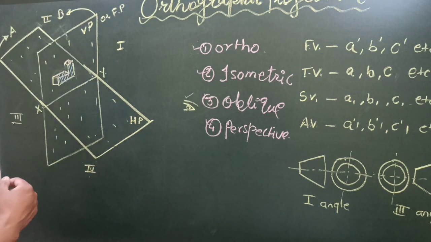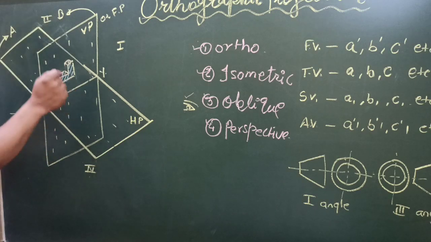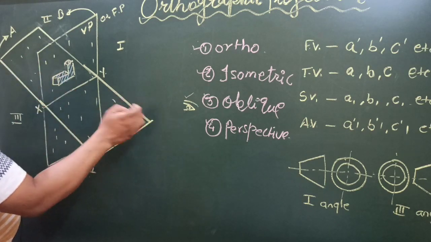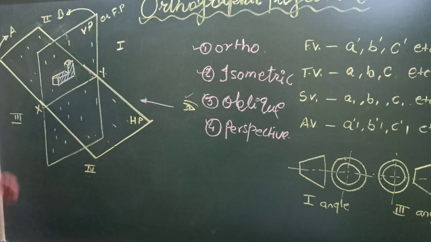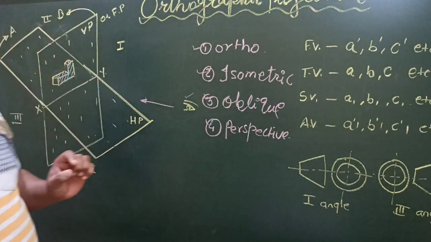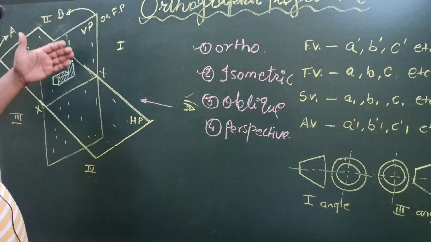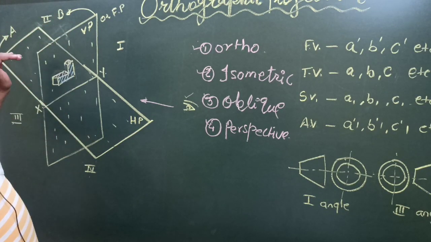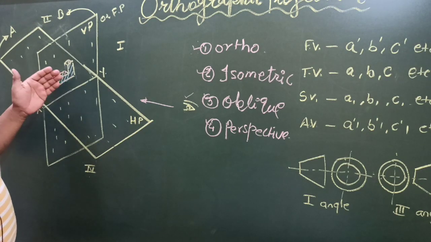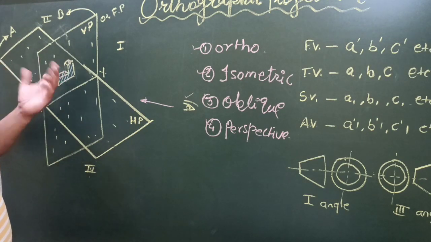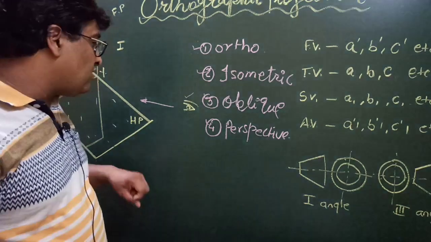Now what will happen when we draw the projections? Say the observer is looking from this direction, right? In case of first angle projection, we assume that the planes are non-transparent. So the projections are drawn on the planes and then we draw the drawings.